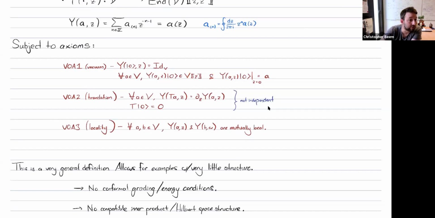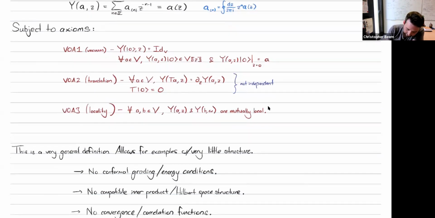This means formal series in Z with no Z inverses. And if you then take the limit where Z goes to 0 of the field associated to A acting on the vacuum, you get back the state A. So hopefully it is intuitive that this is what you would define if you were trying to introduce some sort of idiosyncratic definition of how the OPE works in some very weak setting where we don't have a lot of extra structure.